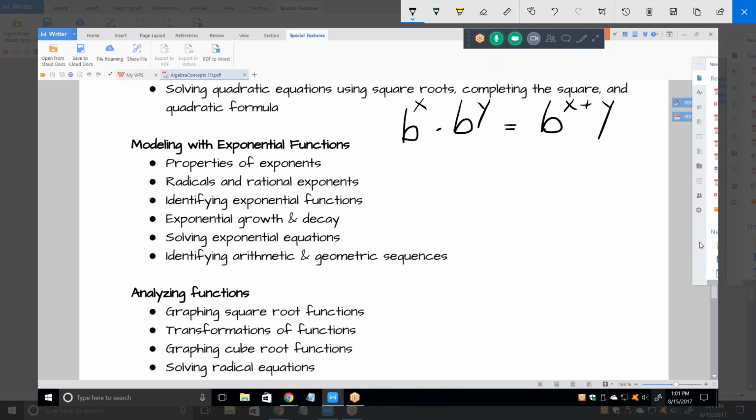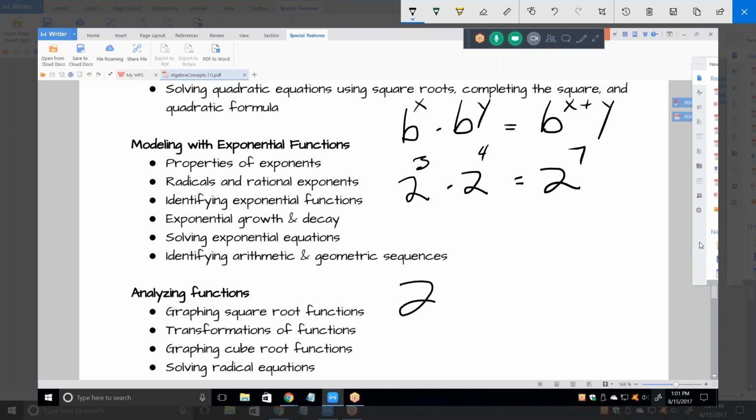An example of this would be 2 to the third times 2 to the fourth is equal to what? 2 to the 7th. Yeah. And you can do this as long as the bases are the same.